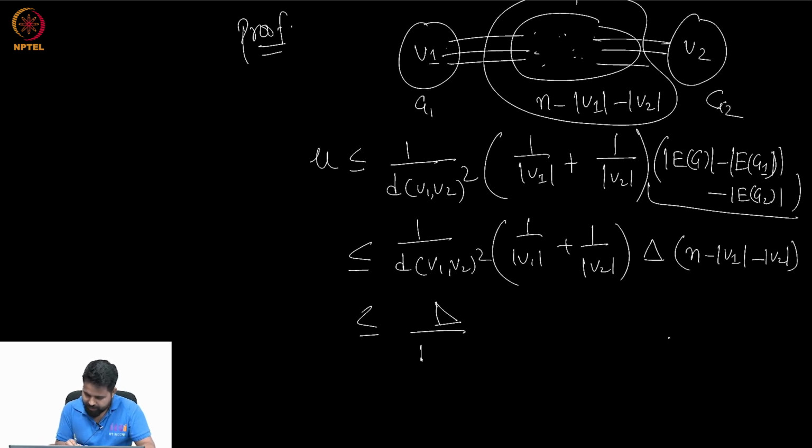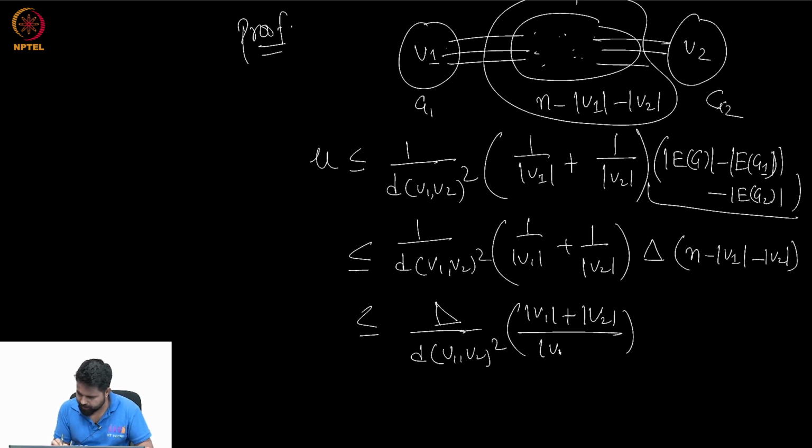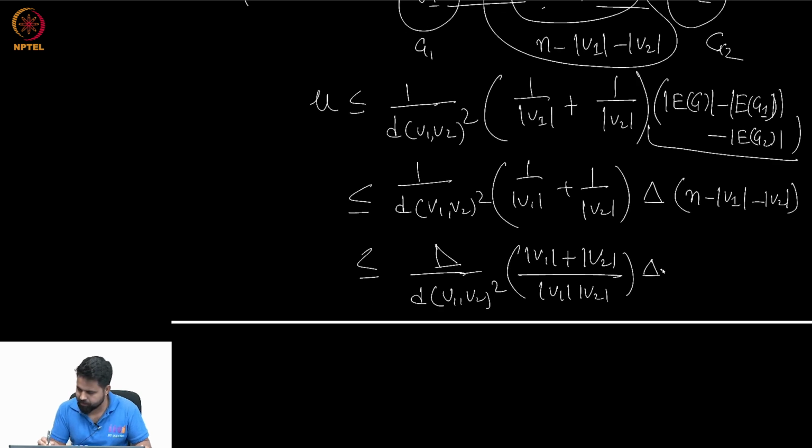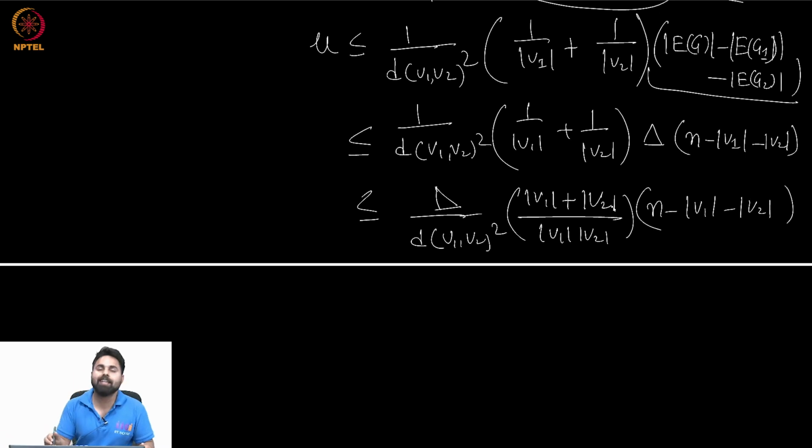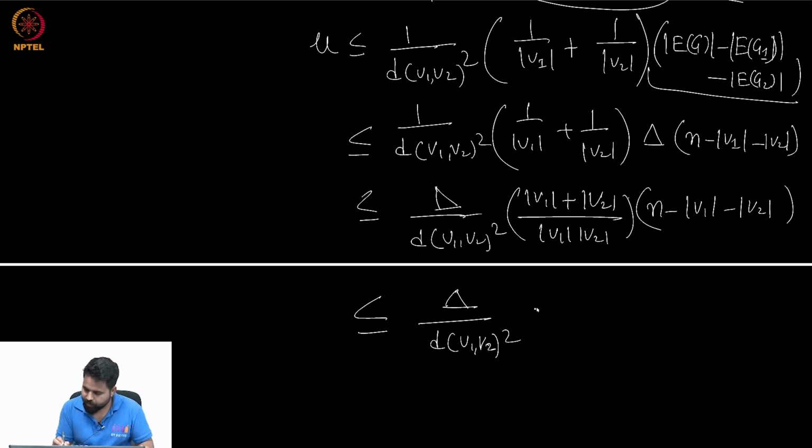So this is delta d(V1, V2) squared, times |V1| plus |V2| divided by |V1| times delta times, now delta I have already written, this is n minus |V1| minus |V2|. Now this quantity will always be less than or equal to n. So actually I can write this is nothing but delta d(V1, V2) times n divided by, yeah.